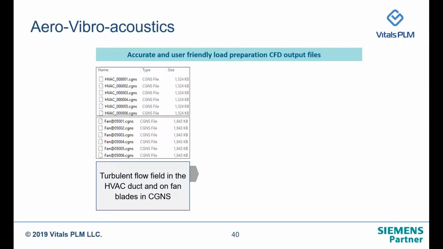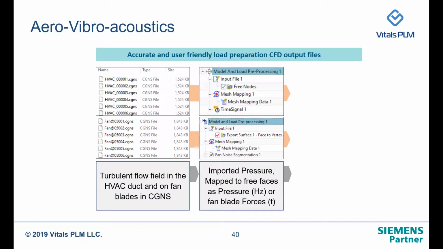The calculated turbulent flow field in the source regions, which are the HVAC duct and the fan blades, can be exported in CGNS format at each and every time step, and this can be imported into SimCenter 3D for some pre-processing, where the imported pressures are mapped to the same boundaries as pressure in the frequency domain.